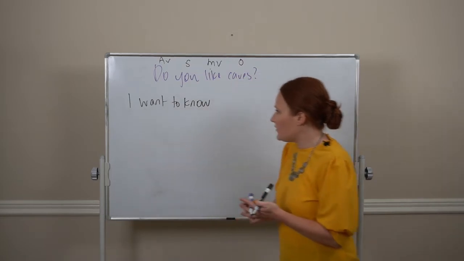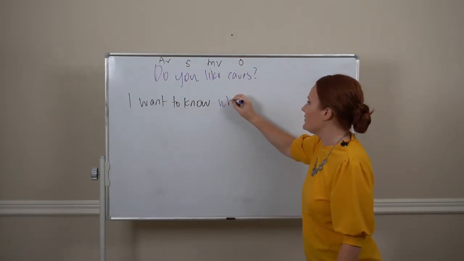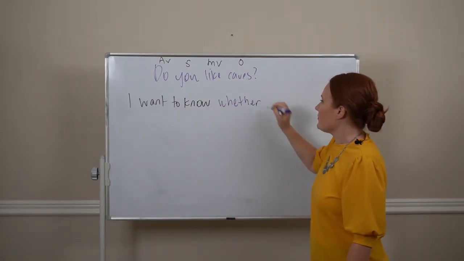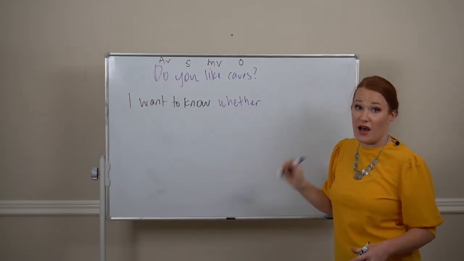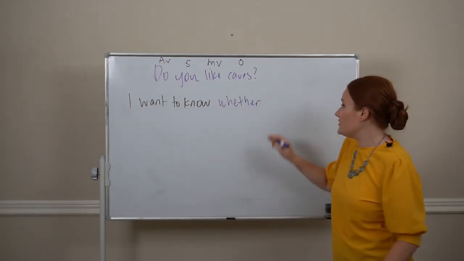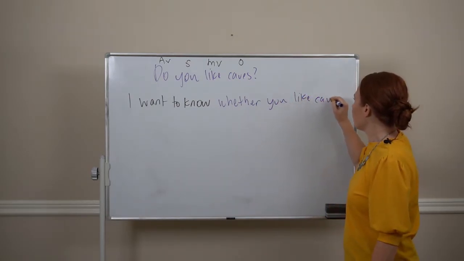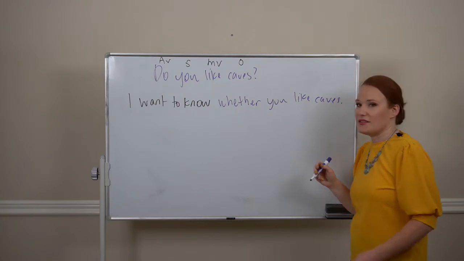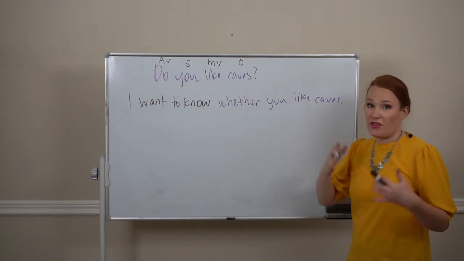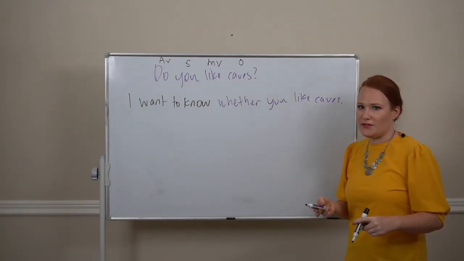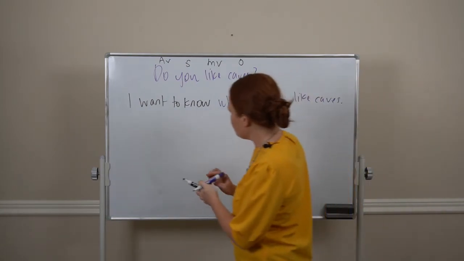We're going to start it with if or whether. Let's go whether this time. Then subject, verb, object, like a regular statement. You like caves. Or with the one with our question word, which was who should I contact?